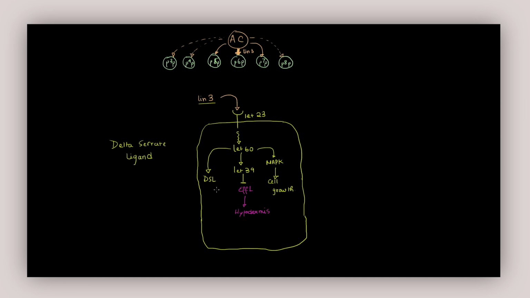Now DSL is a protein, or a factor, that can be embedded onto the membrane of the cell. Now what happens when this is embedded? The cells that are adjacent to this central cell have receptors for this DSL.